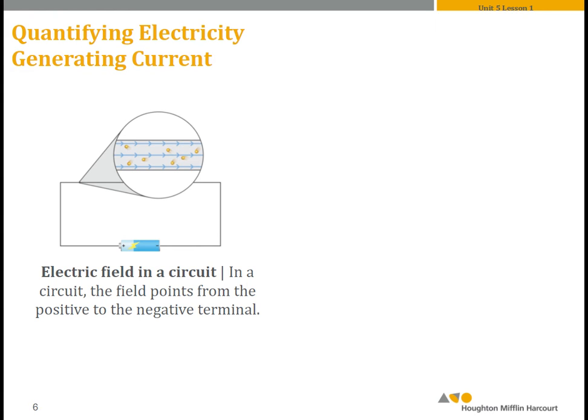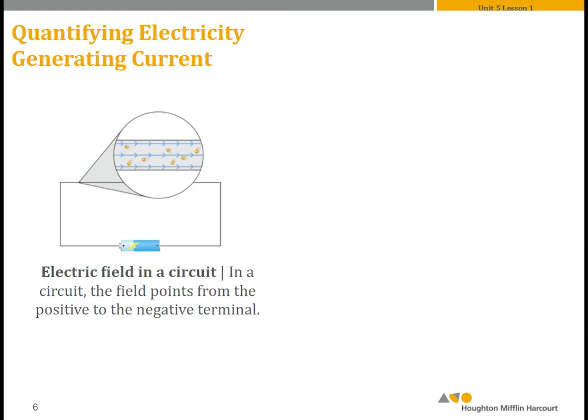In a circuit, the electric field points from the positive to the negative terminal. We've already learned about electric fields. And remember that the direction of an electric field is determined by which way a positive charge will move when you put it in that field.